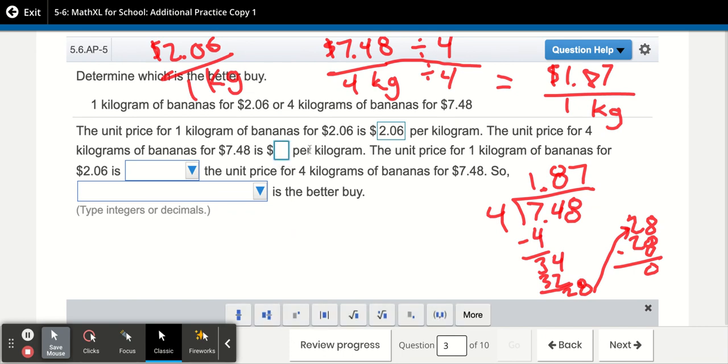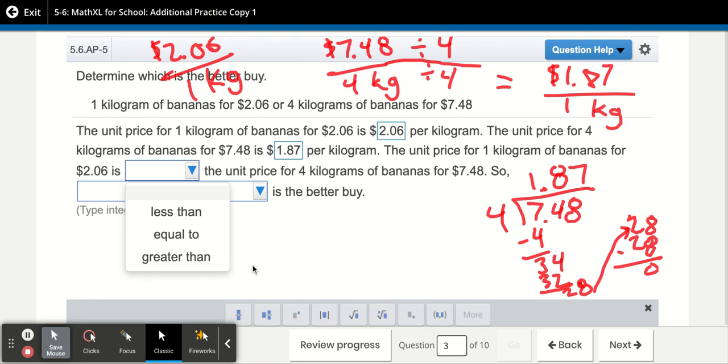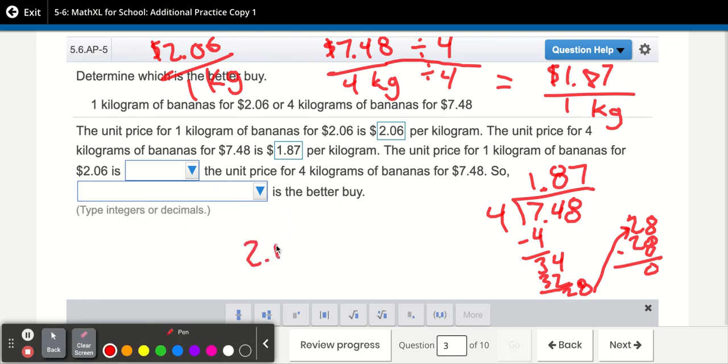Now we can go over here and finish what we got. So 4 kilograms of bananas for $7.48 is $1.87 per kilogram. So the unit price for 1 kilogram of bananas is, what is it, less than, equal to? So let's write this right here. 2.06, comparing that to $1.87. 2.06 is greater than 1.87.